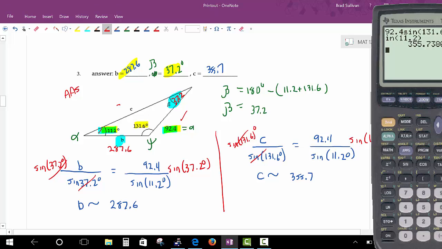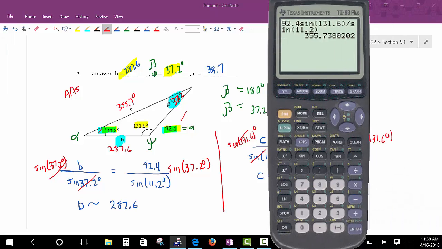All right, then just to do this an additional time, I'm going to make sure that I'm right on this. I'm going to start with side A, and say side A is 92.4. I'm going to divide by the sine of its opposite angle, 11.2. Get that answer. Then I'm going to go to side B, which was 287.6, and divide by the sine of its opposite angle.